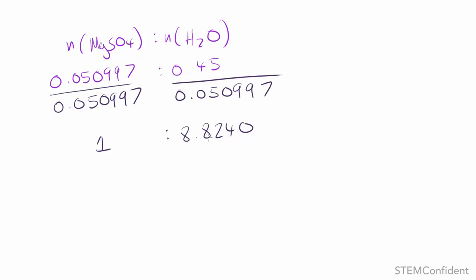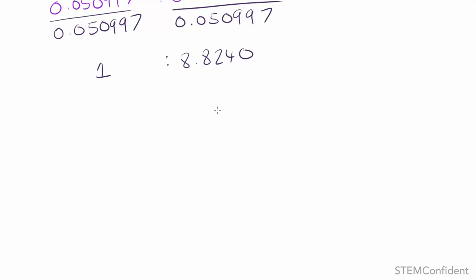Now, we're going to need to round this to the nearest integer value, as I mentioned before, X is an integer value. And what does 8.8 round to? It's going to round to 9. So in effect, 1 is in a ratio with approximately 9, and therefore we're going to say X is equal to 9.